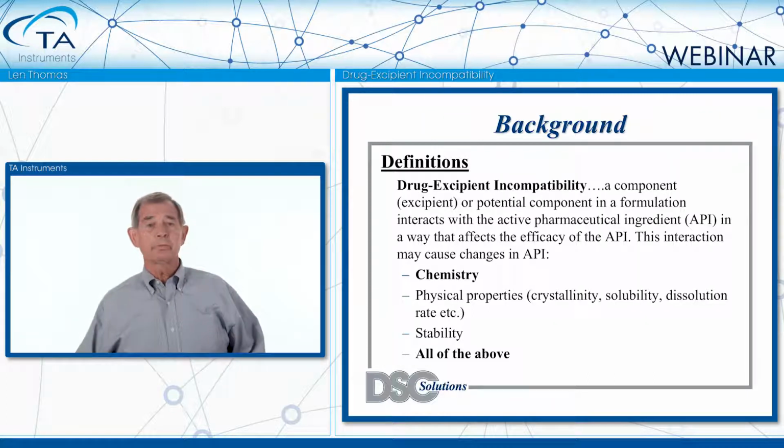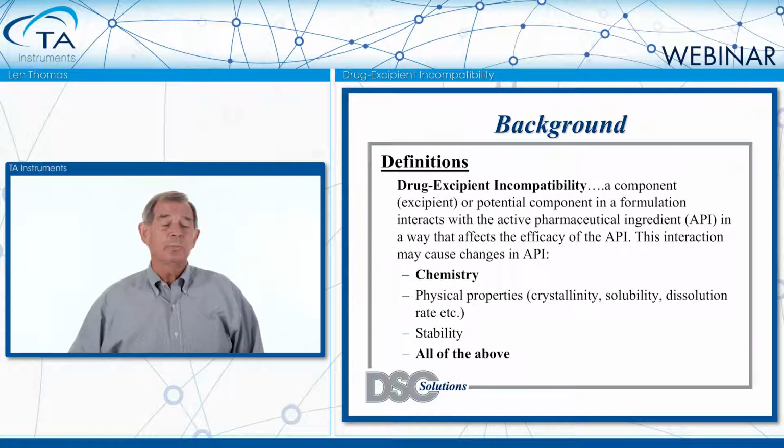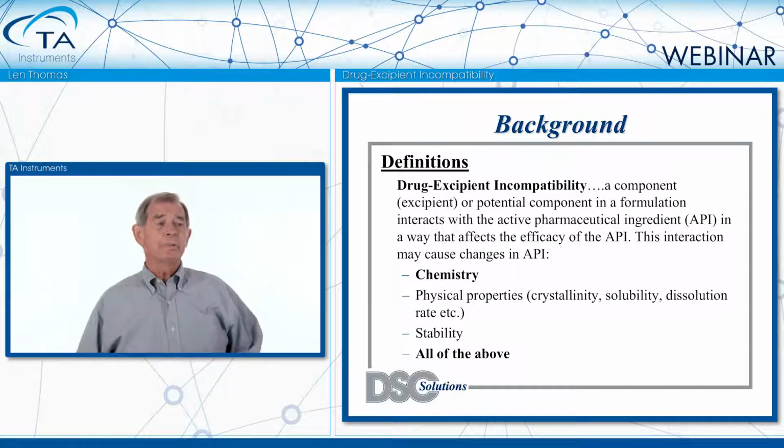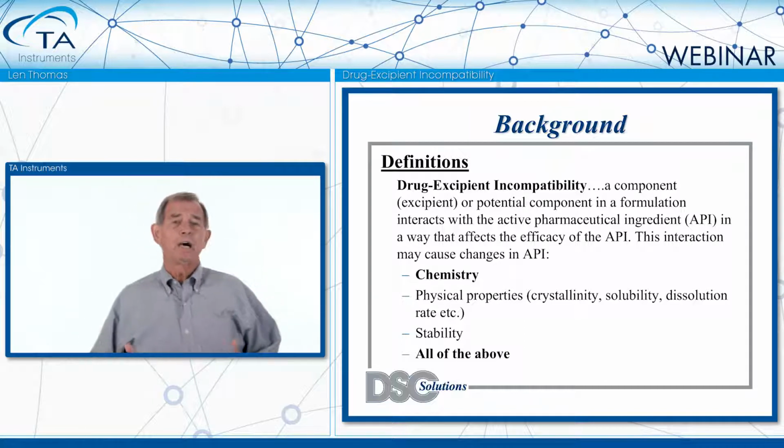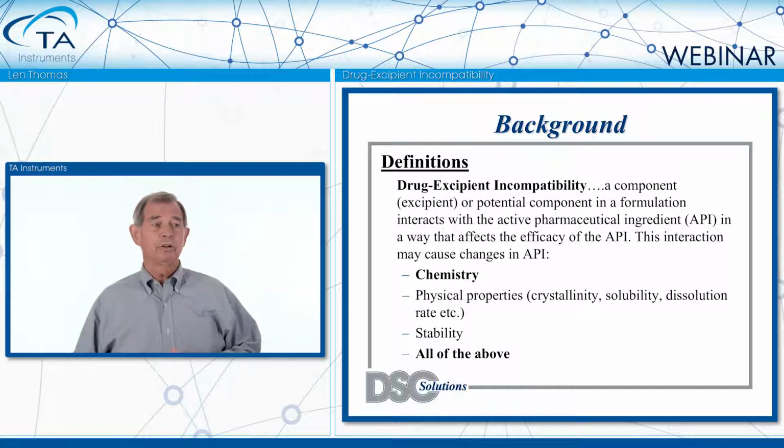All right, so let's start with the background. Again, drug-excipient incompatibility is probably a new term to many, especially if you're not in the pharmaceutical industry. But as the name implies, we have a drug, which can be called the active pharmaceutical ingredient, API. And in order to deliver that to the patient, we're going to put it into a tablet form, a capsule form, whatever.